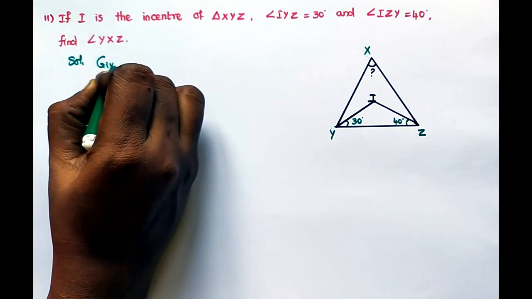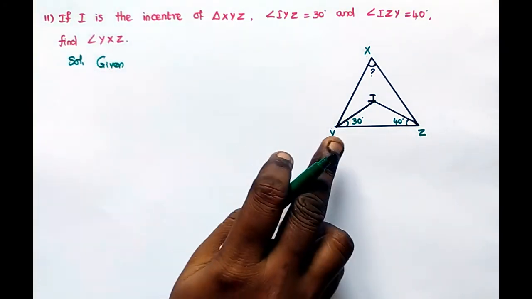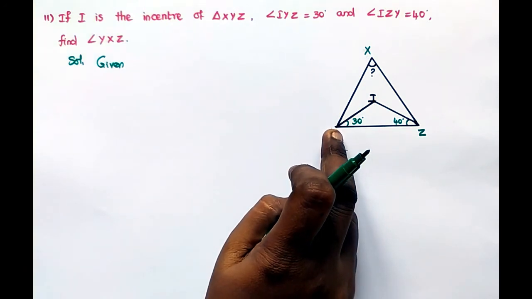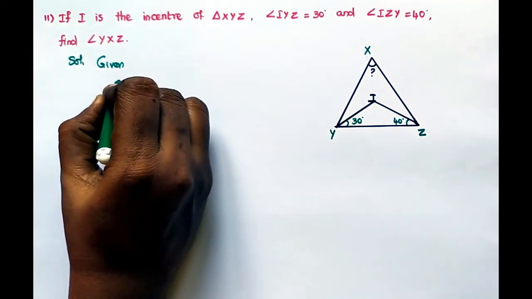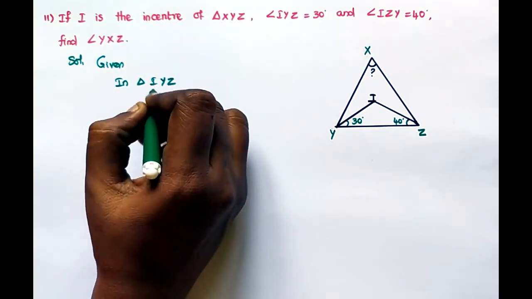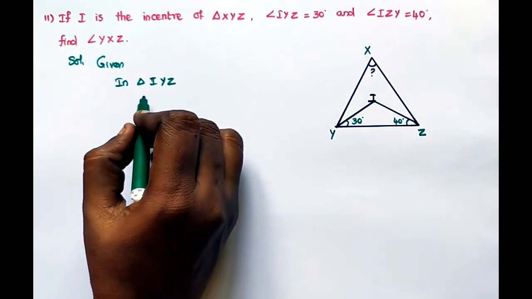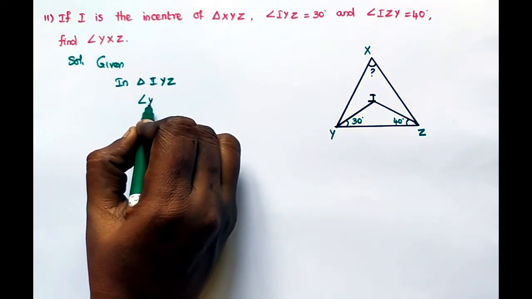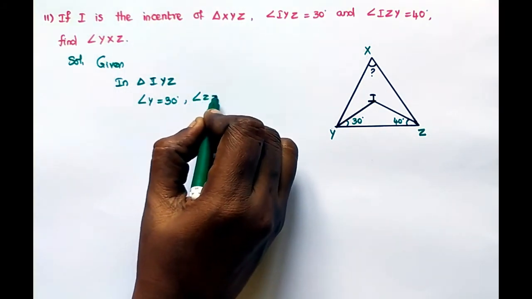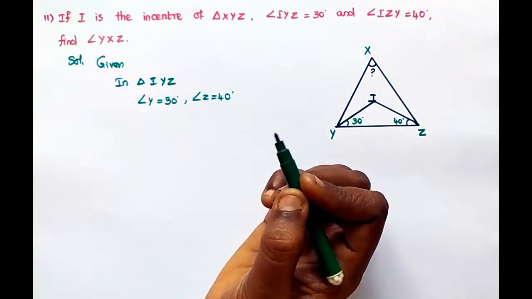Given I, in triangle IYZ, angle Y equal to 30 degree and angle Z equal to 40 degree.